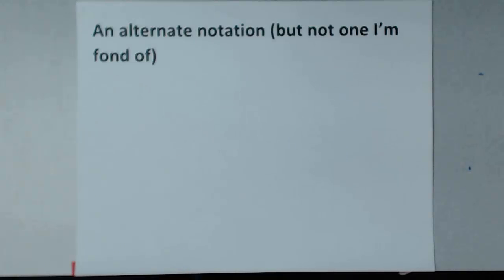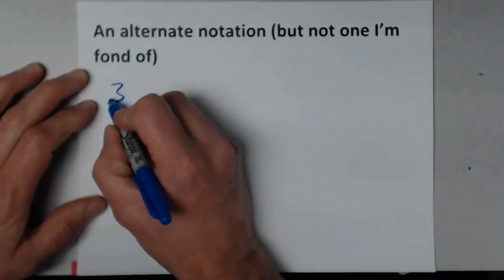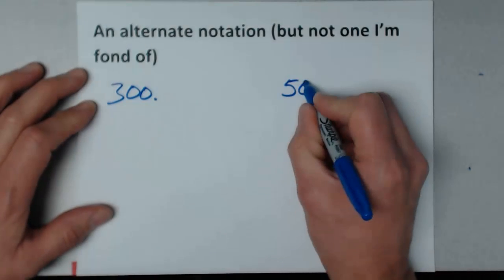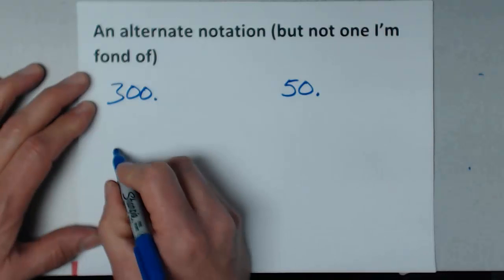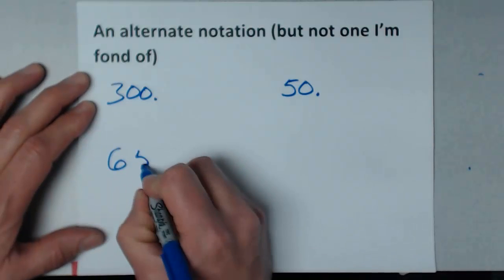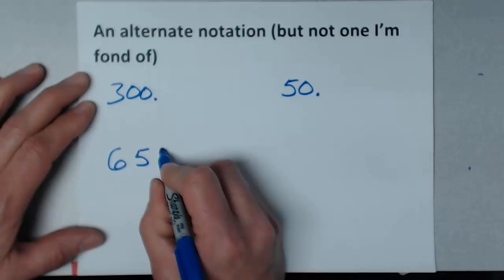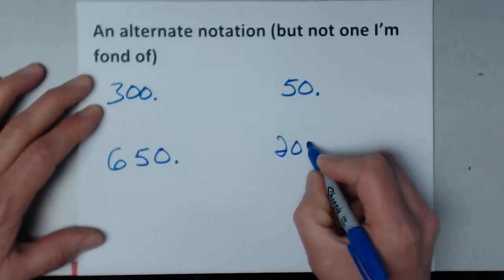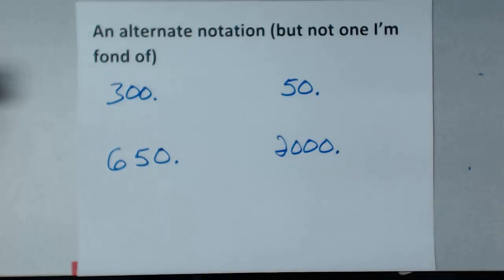One last case here. This is an alternate notation, one I'm not fond of, but it's one that you sometimes see, is when you'll have a number written like 300 point, or 50 point, or 650 point, or 2000 point.